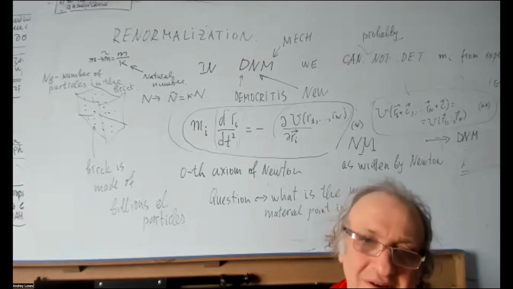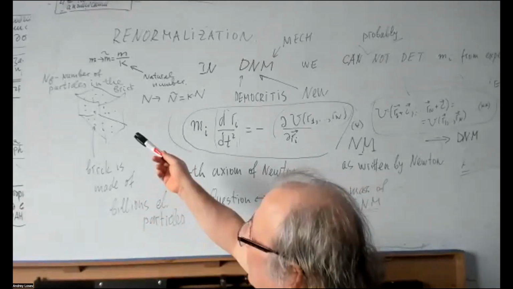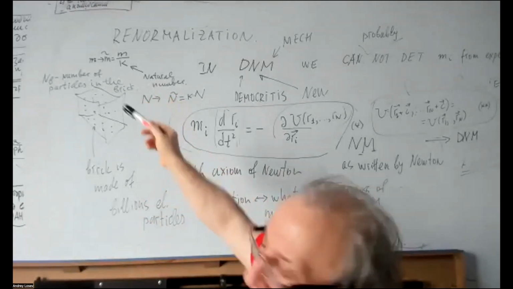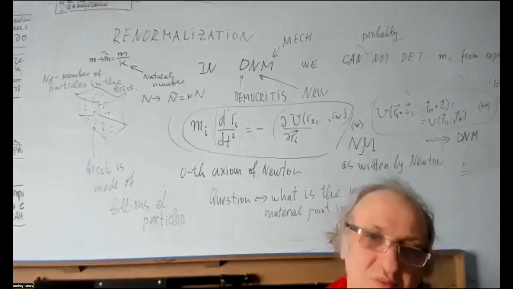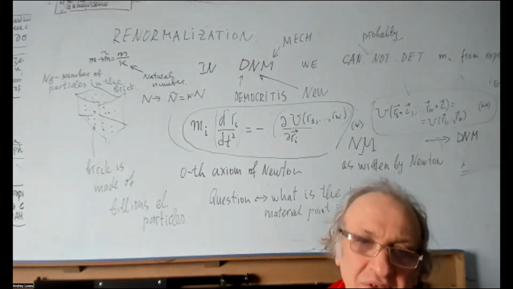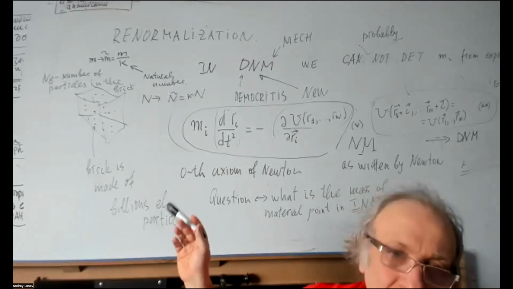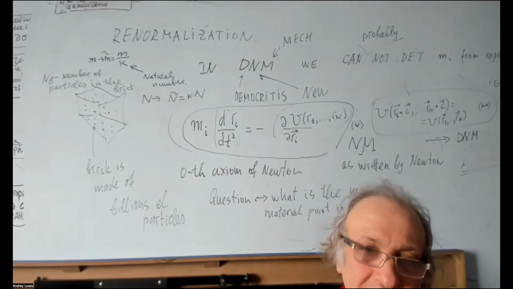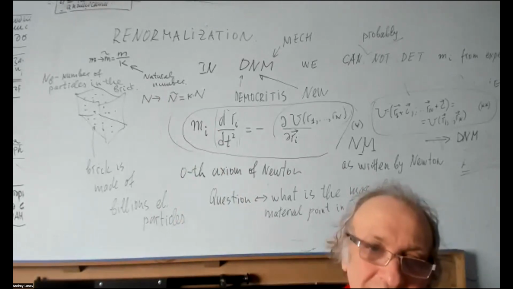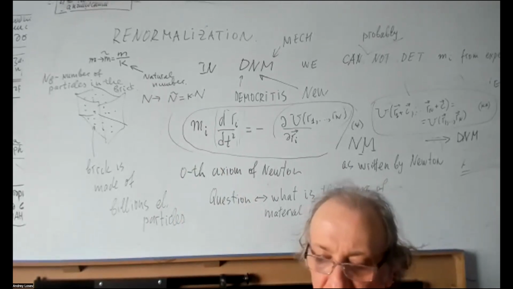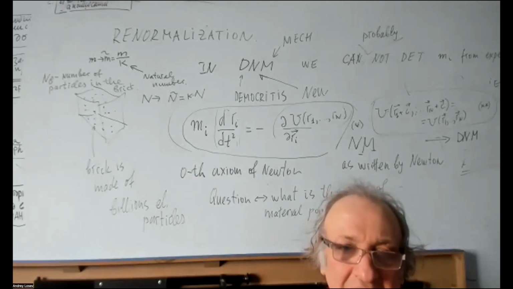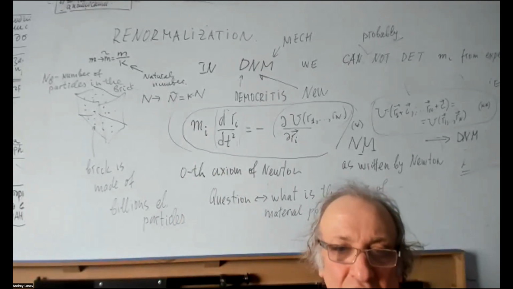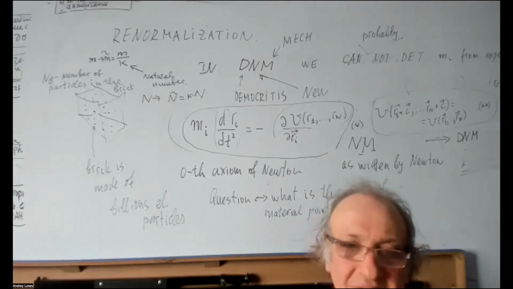And in this way, I would say that in this theoretical model, I have this renormalization group. So when I'm thinking about bricks, when I'm thinking about machines, I cannot find this fundamental mass from experiments. And the fact that I do not see it from experiment, however, is a piece of the axiomatic description.